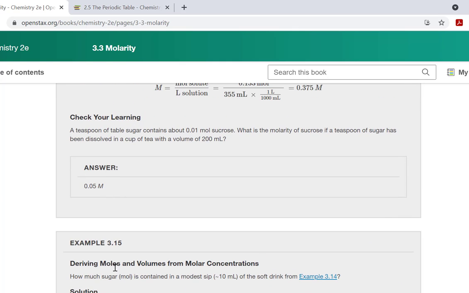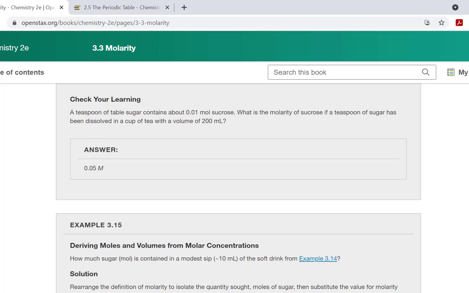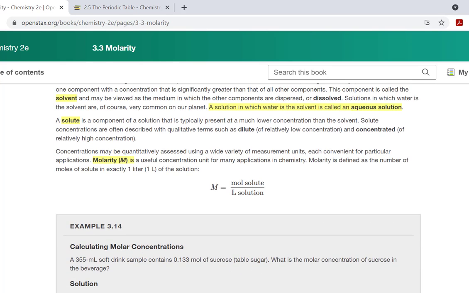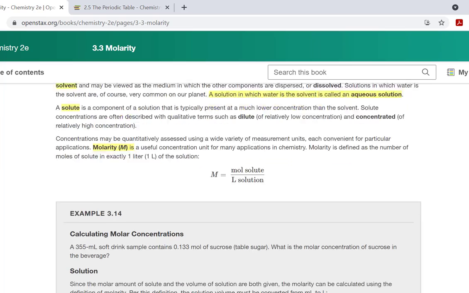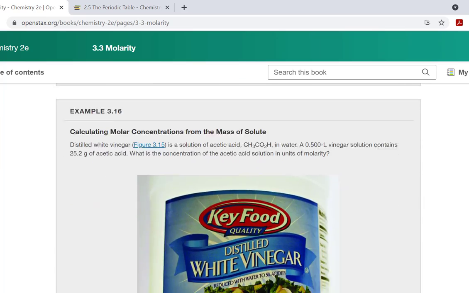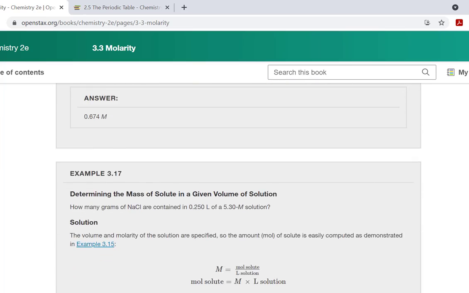So this next example will be doing that. You'll have to refer back to this problem's answer to do the next one. But using molarity itself as the conversion factor. Okay, so you'll see some examples of that.